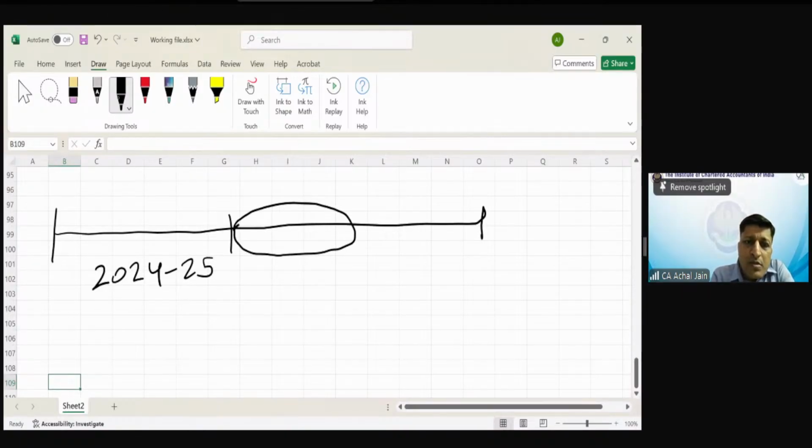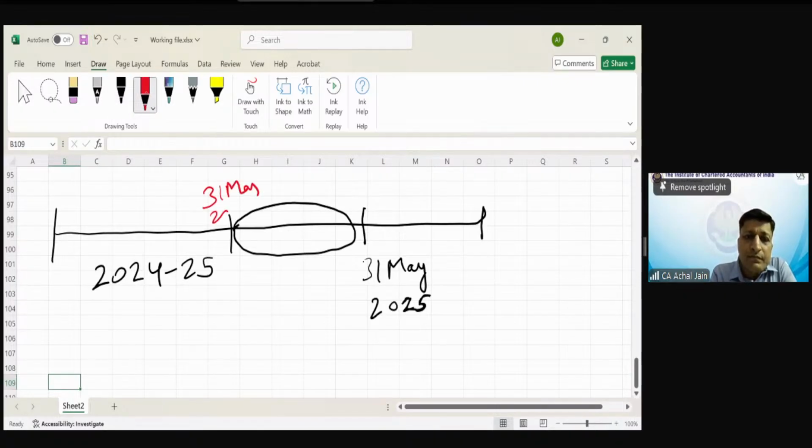Let's suppose the audit has to get completed, say the timeline is 31st of May 2025. So the auditor generally plans to review the expenses which have been booked subsequent to the reporting date. Subsequent to the reporting date, that means for this period.